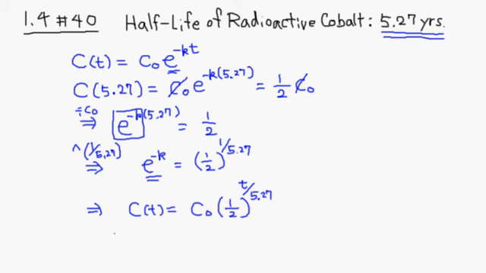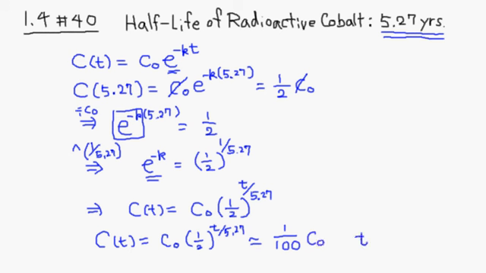So we can set up the equation: C of t is equal to C0 times 1/2 to the t over 5.27, and we set that equal to 1/100th of the current level, since to go back to the acceptable level, we set that to 1/100th times C0. Then can you find the value of t from there?